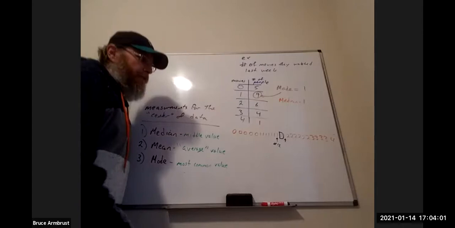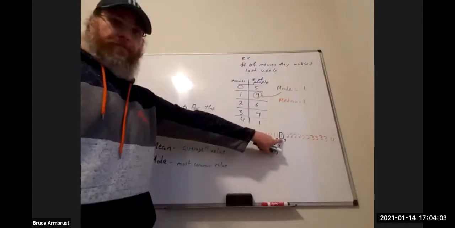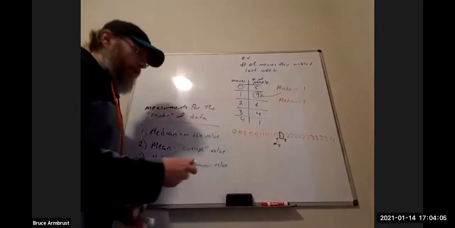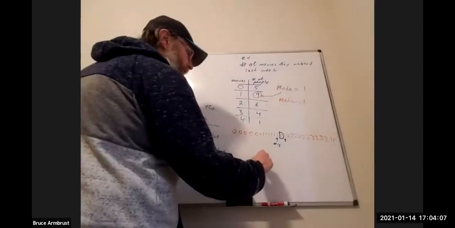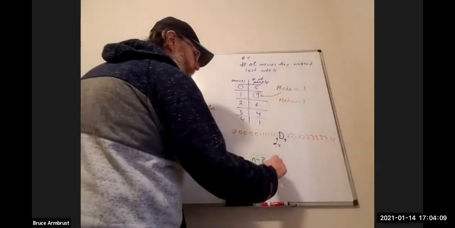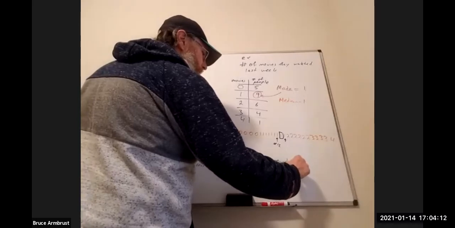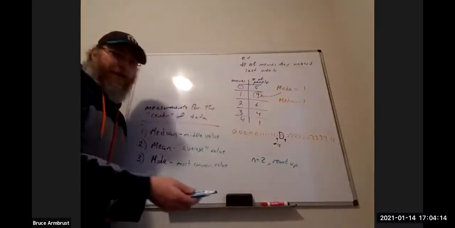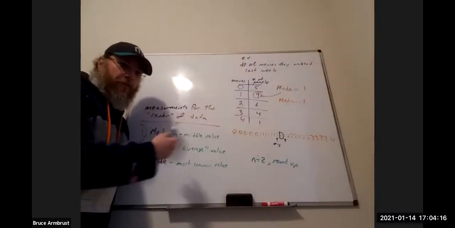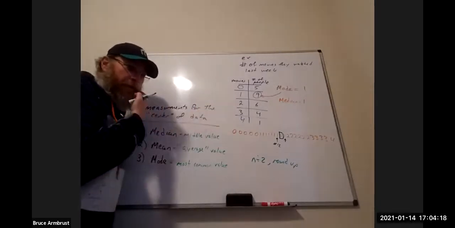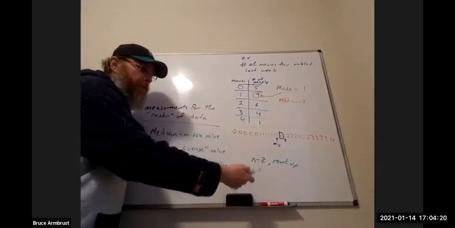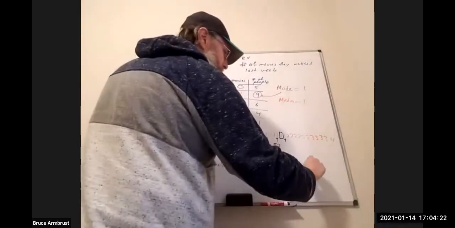The 13th one is our middle, right? So here's what I did. I took n divided by 2, and then round up. If it's an even number, then you're good. You know how many there are in top and in bottom. But if it's odd, you round up. So I'm going to put round up if needed.